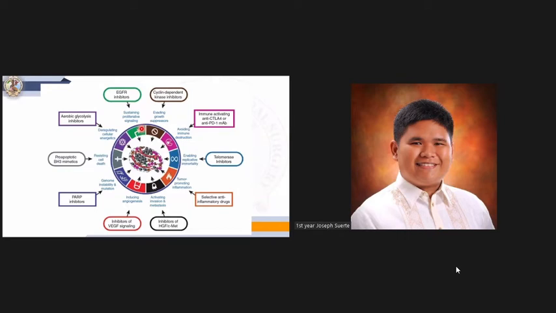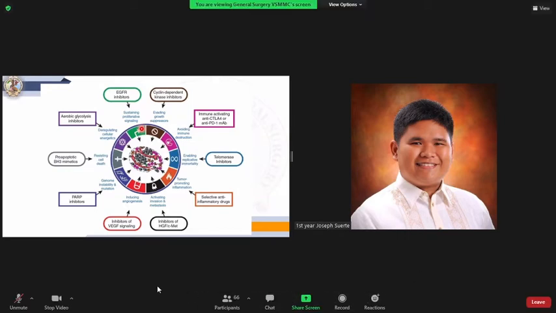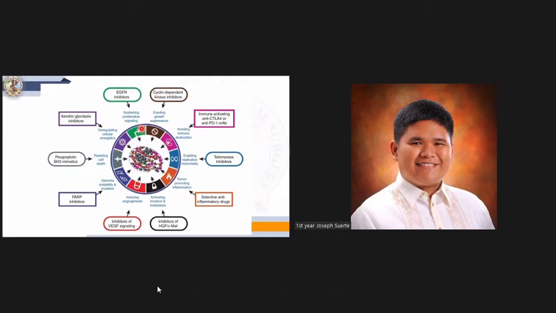But there are some cells that evade the body's protective mechanisms. So they evade our growth suppressors, they avoid immune destruction, they induce genomic instability and cause mutation. That's why they have an unregulated growth.